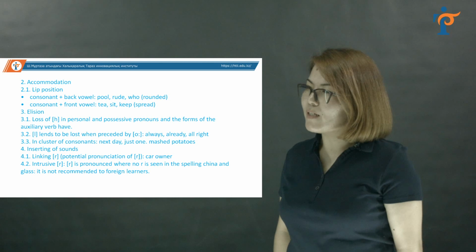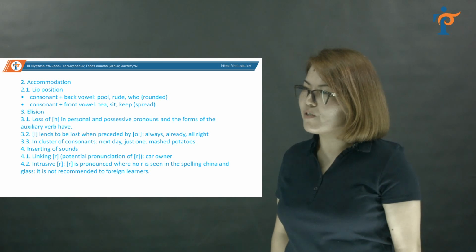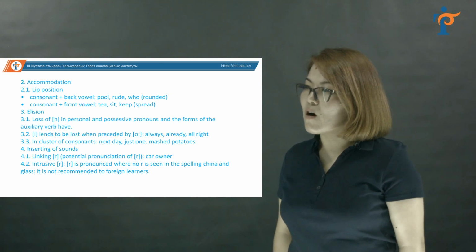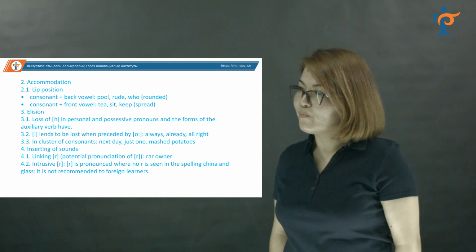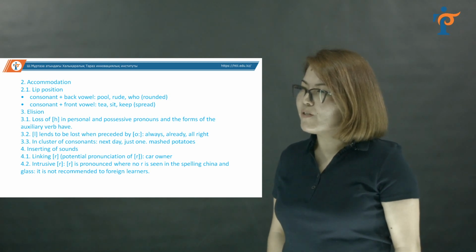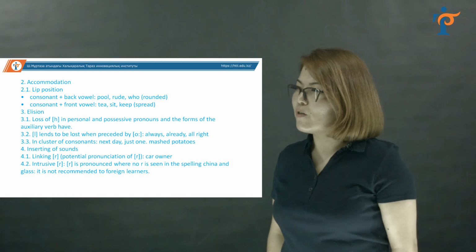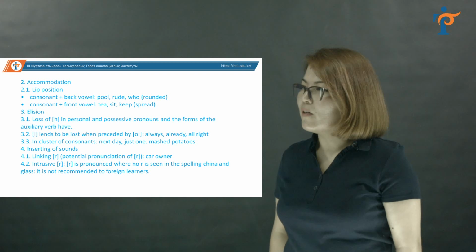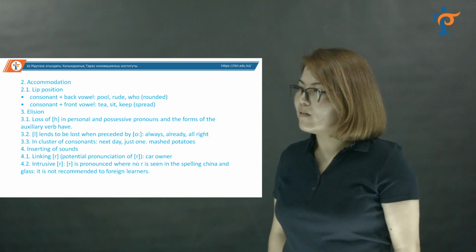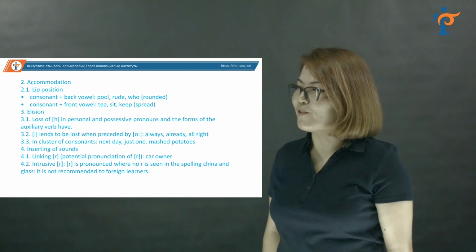Inserting of sounds, linking r, potential pronunciation of r, corona or coroner. Intrusive r is pronounced where no r is seen in the spelling, China and glass. It is not recommended to foreign learners.